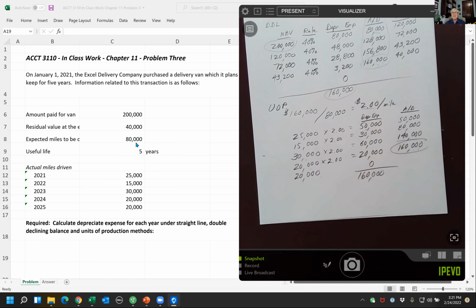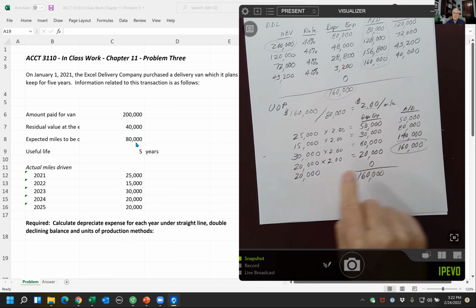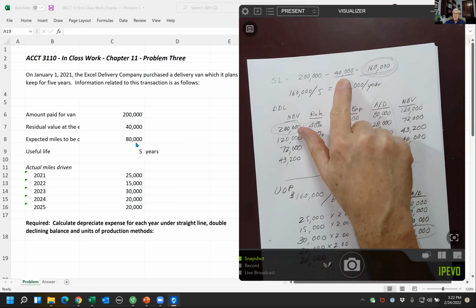I'm sure we used the best assumption we had at the time, but this year basically we drove this van for 20,000 miles. We had 0 expense. So it caught up with us, but even then, we cannot expense this van for more than the cost of 160. And that still assumes we're going to get 40,000 back at year 5.